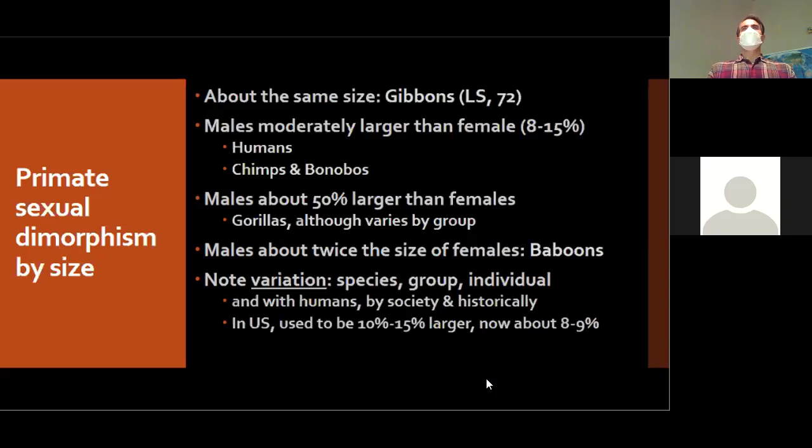What could have happened over the last 100 years in a place like the United States, where females and males are more closely approximated in body size than they were before?